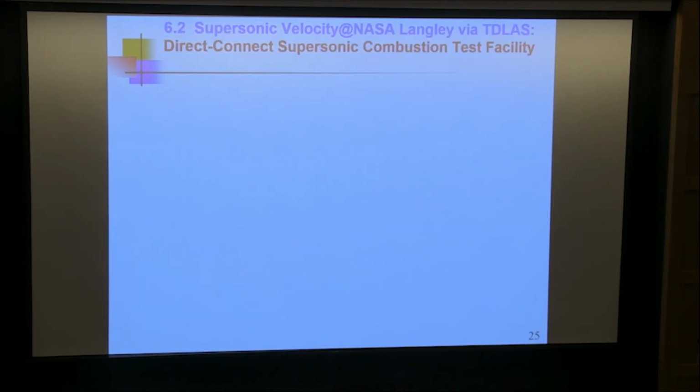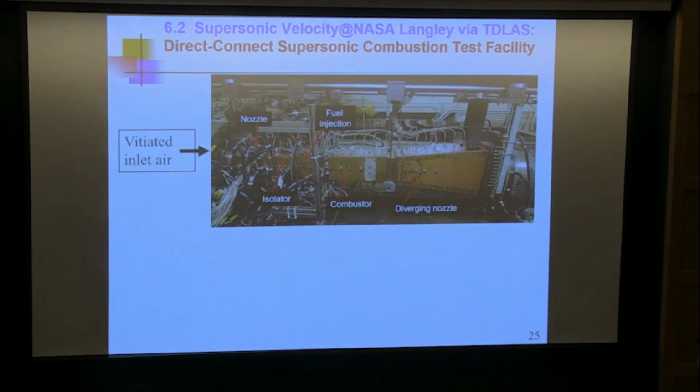So we went to NASA, well, the student went to NASA Langley. This is their direct connect vitiated tunnel. So they heat air with combustion. So you put in a little bit of combustion, heat the air, get it up to about 1500 Kelvin or so, send it through a nozzle and an isolator, and then finally it's ready to go into the combustor.